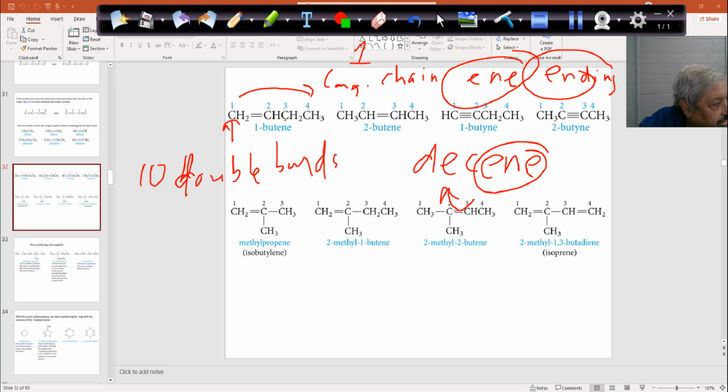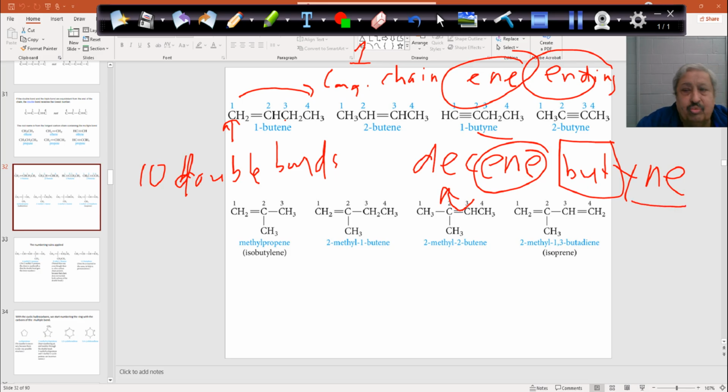So get the number of carbons, and then you end with ENE. You have to look at how many double bonds you have. If you have a triple bond, what do you end up with? The same way. Just the ending will be different, like here, YNE. But again, you have to look at the number of carbons. This is 1, 2, 3, 4, so it will be but-. That's 4 carbons, and you have a triple bond. Where is it located?